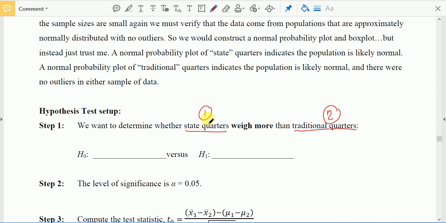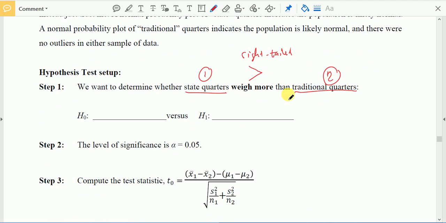The state quarter is way more than the traditional quarter, which means it is bigger than, pointing to the right tail. The null hypothesis is always that the two means are equal. And for the right tail, we are testing whether mu1 is bigger than mu2, so we are checking whether we should reject this or not.